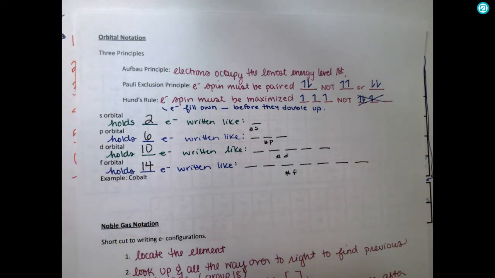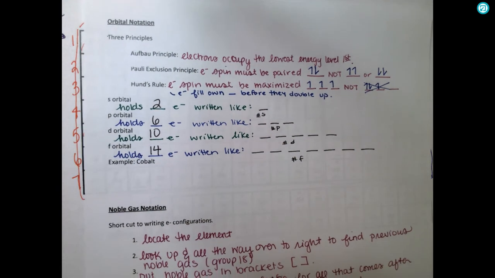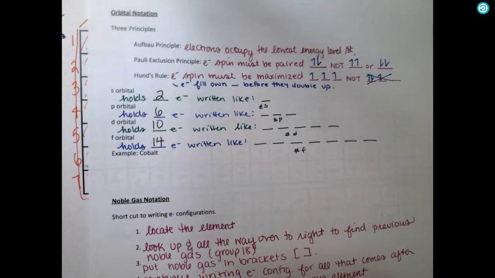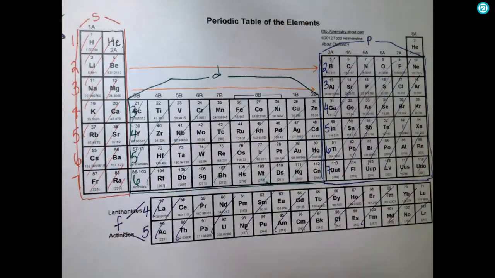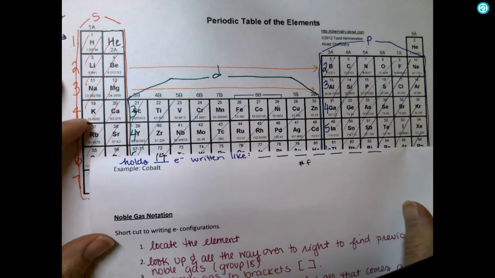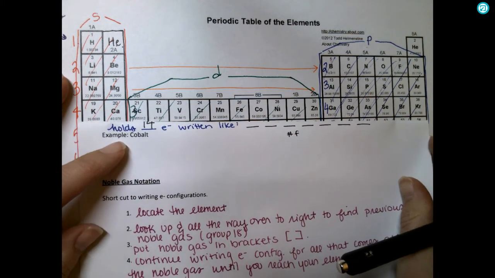Okay, so let's put this into practice. I want to look at my electron configuration and orbital notation for cobalt. First thing we need to do is figure out the electron configuration, and then we can write the orbital notation above it. So leave yourself a little bit of room, so that we can write the electron configuration underneath and then our orbital notation above it.